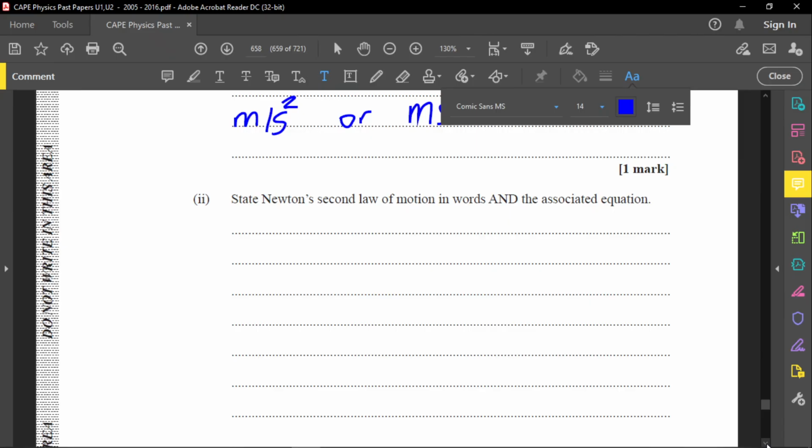Part 2 reads, state Newton's second law of motion in words and the associated equation. So in simple terms, the second law states that the rate of change of momentum is directly proportional to the applied force. Let's put that one in real quick.